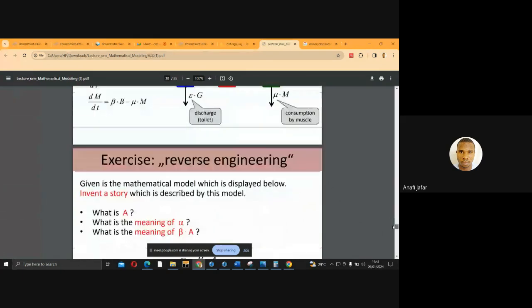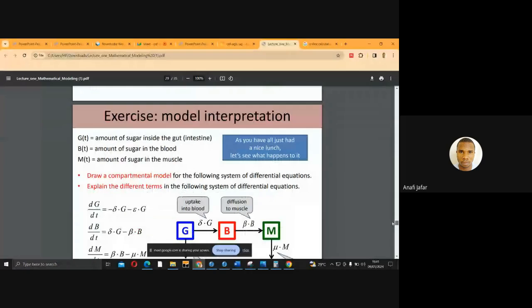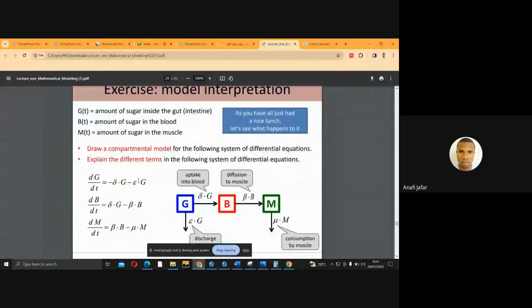So here, going back to this, if they ask you to find the solution of this, find G here.